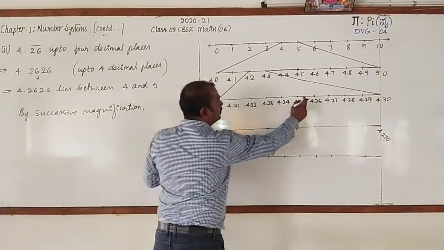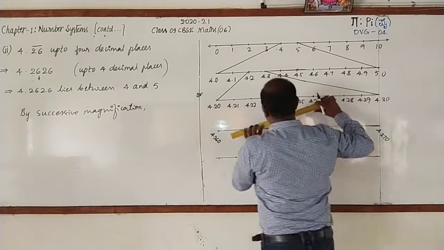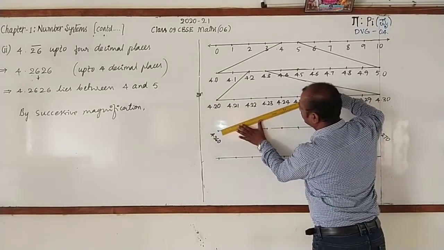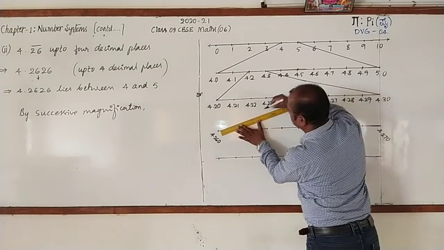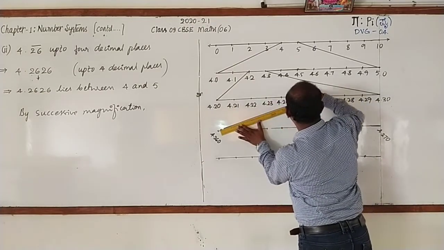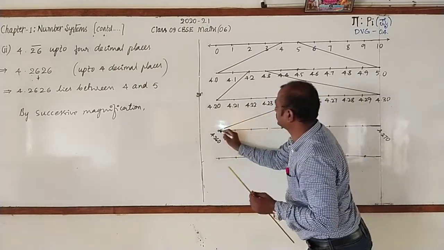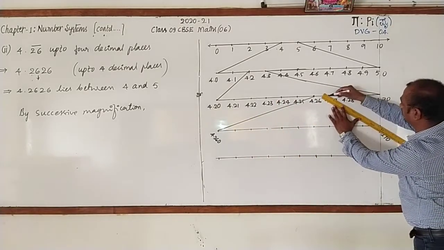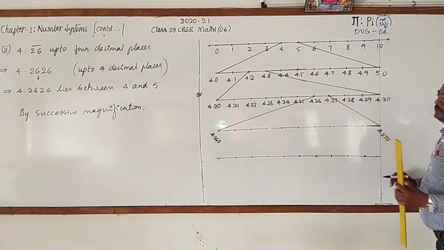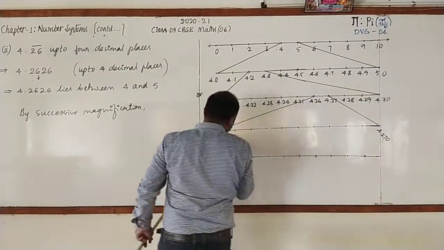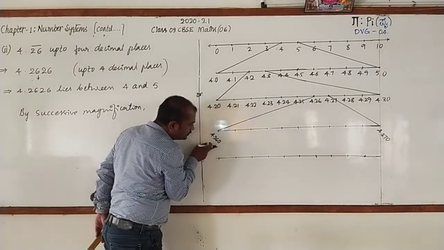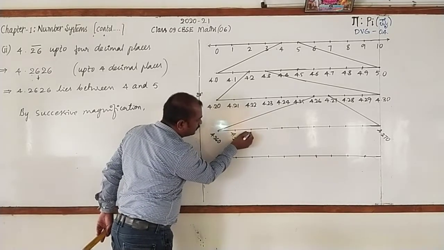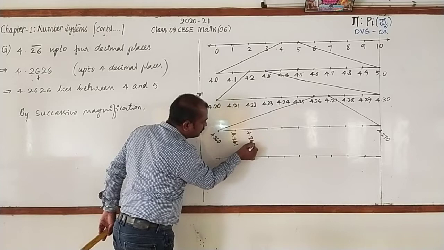So you feel more comfortable to write the numbers. So 4.26 is here. I draw the line from the initial point to 4.26, and 4.27 to the terminating point. Now I'll write the numbers from here. 4.261 here, this is 4.262.